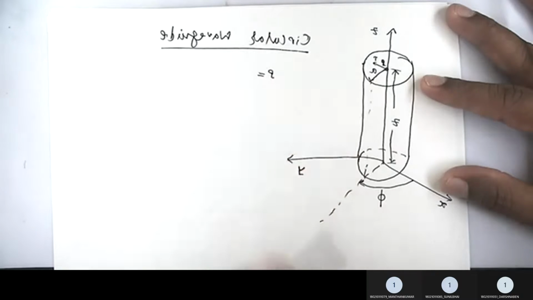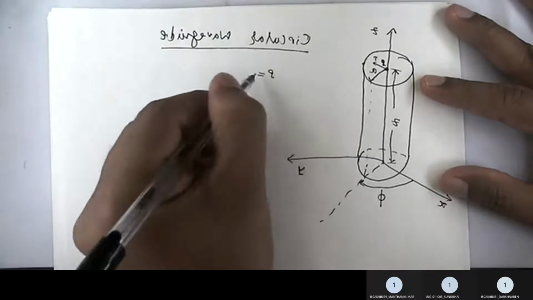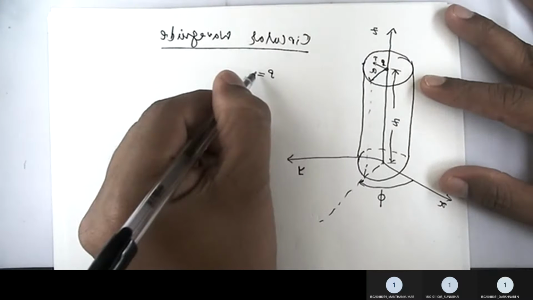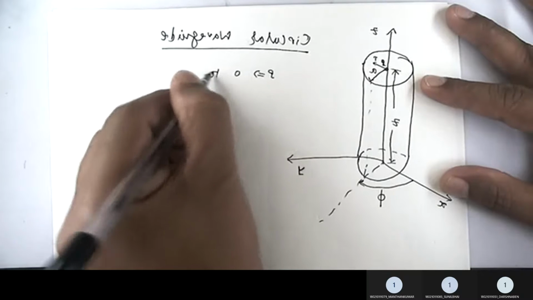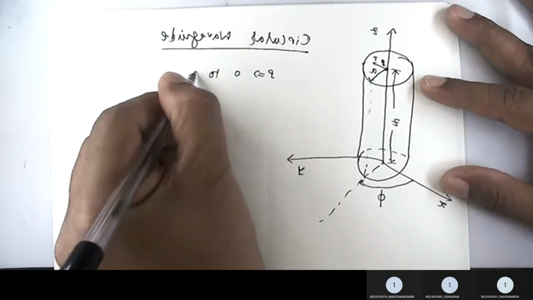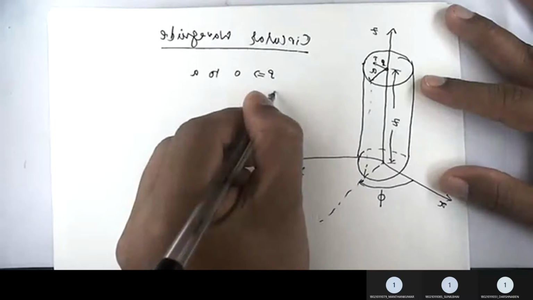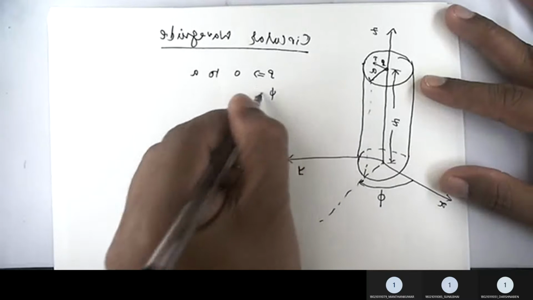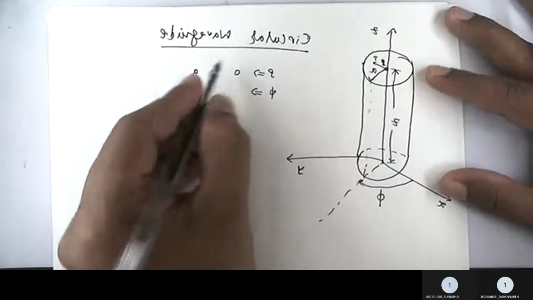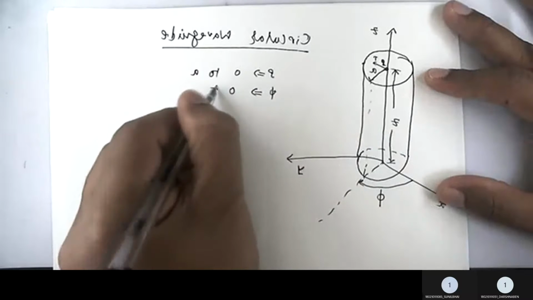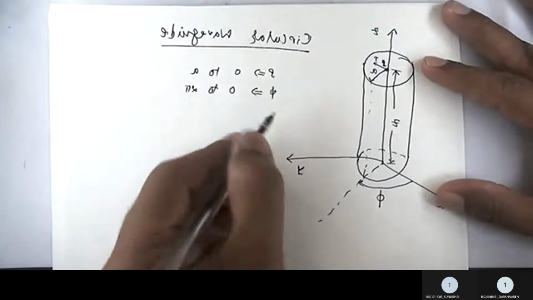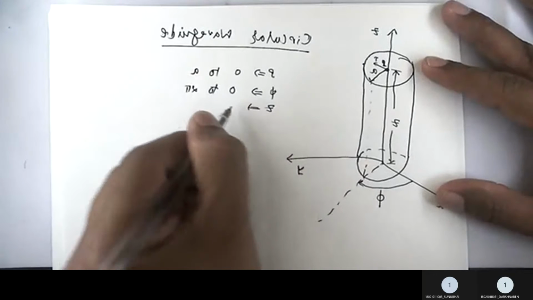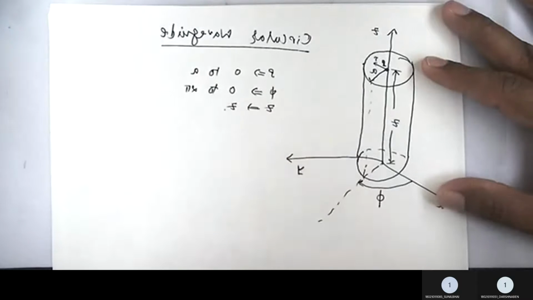Let me give you another variable, that is rho. Then rho can have values from 0 to a maximum of a, while phi can have values in the range of 0 to 2 pi, and the length z can be at most z.